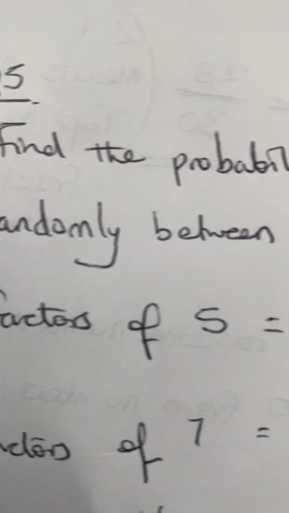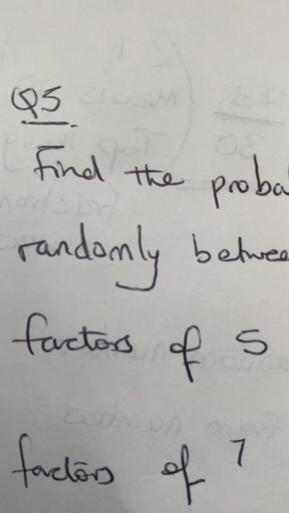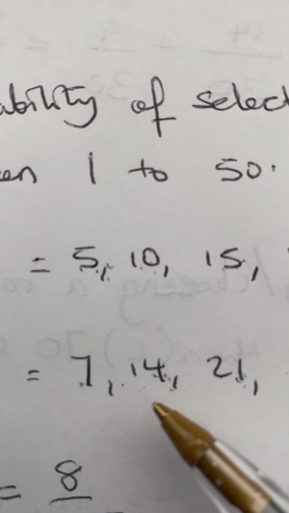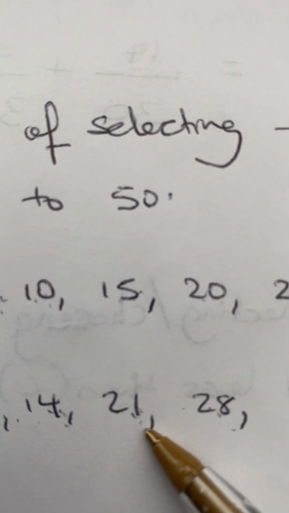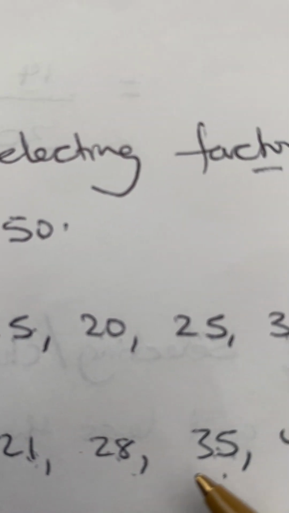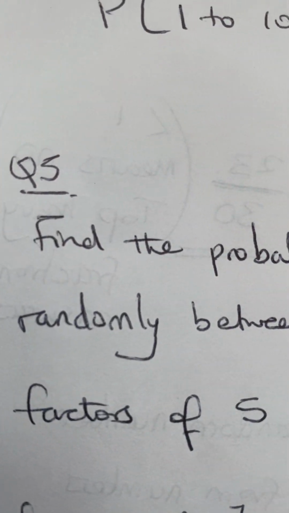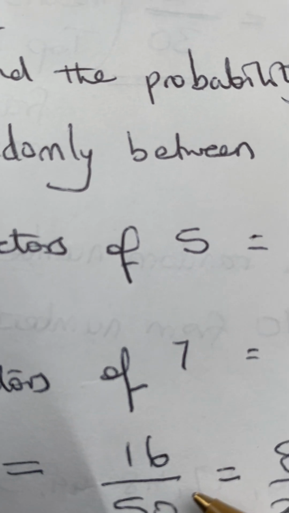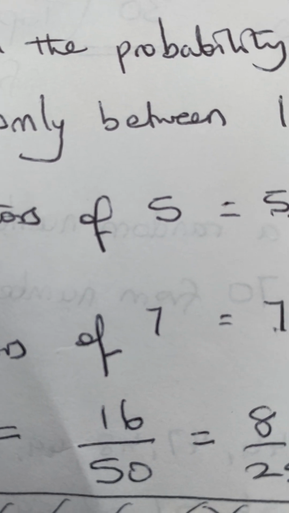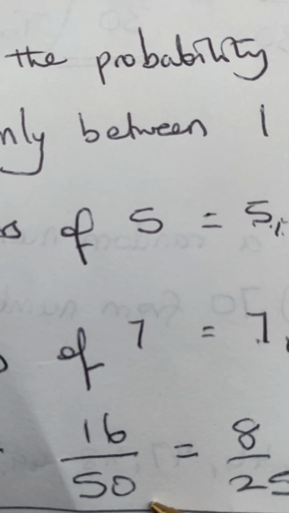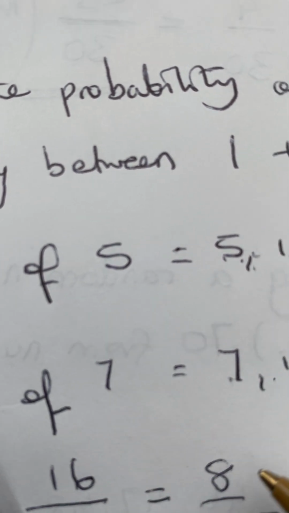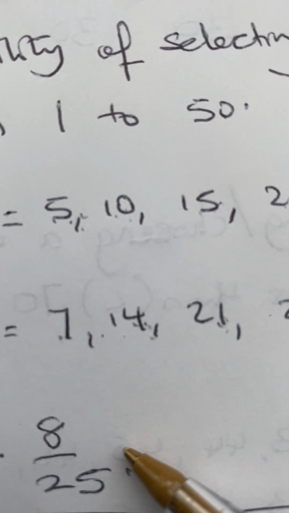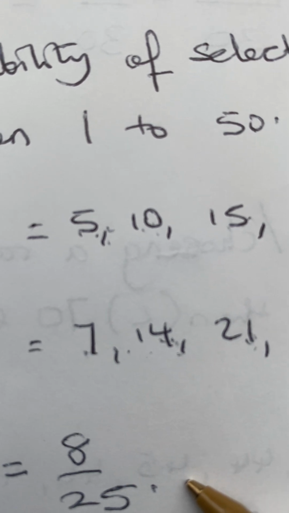So we have 9 factors of 5, and then 10, 11, 12, 13, 14, 15, 16. So 16 out of 50. And if you reduce it, we have 8 out of 25.